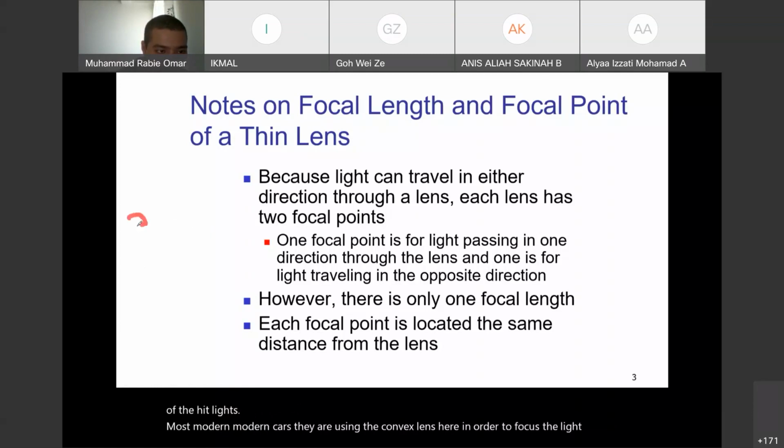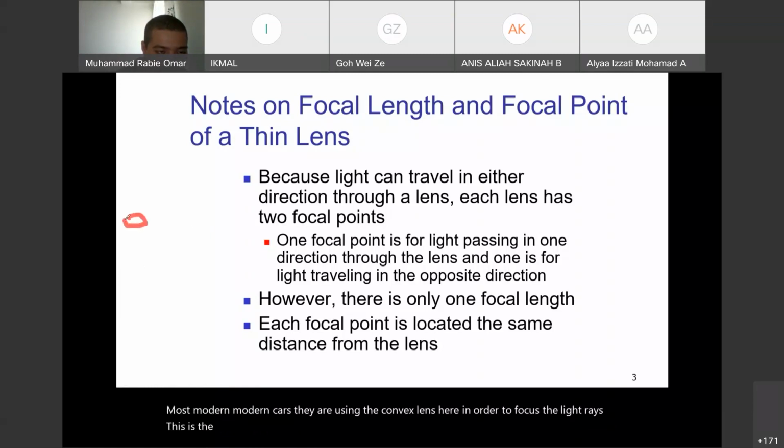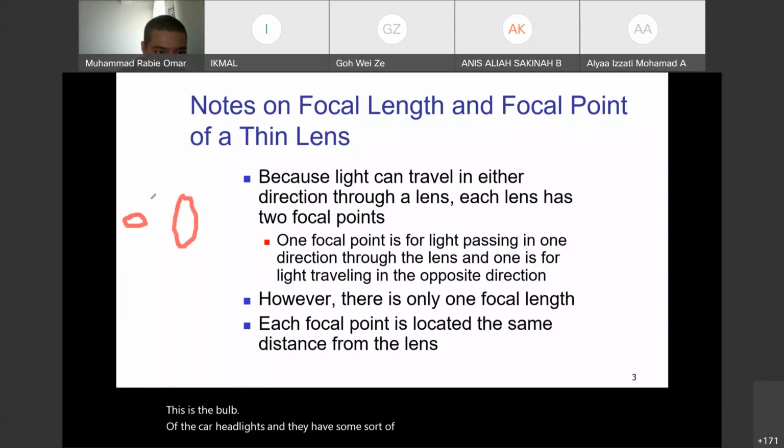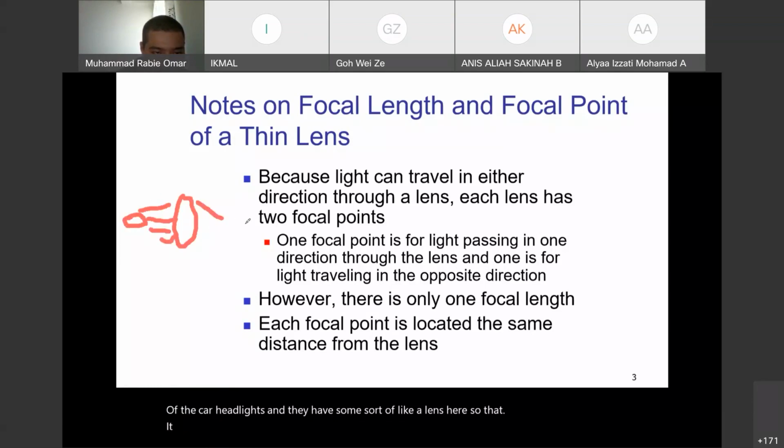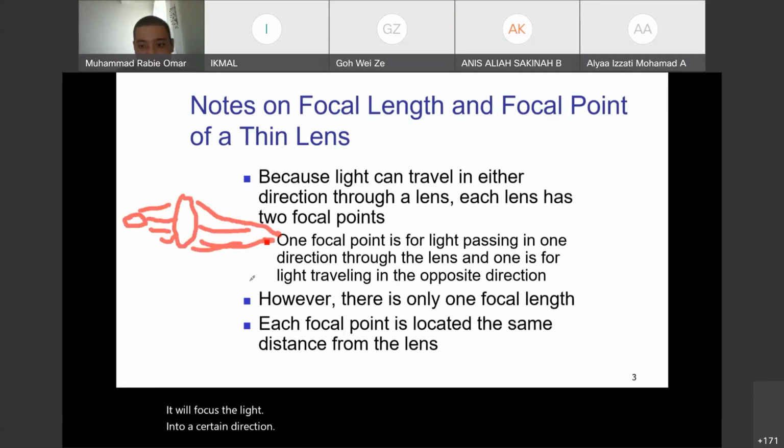This is the bulb of the car headlights, and they have some sort of lens here so that it will focus the light into a certain direction. Okay, so it is something like that. That's the application of lens.